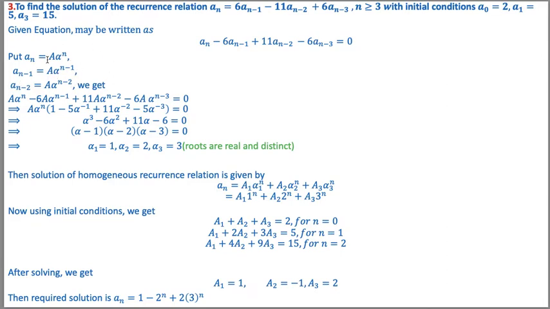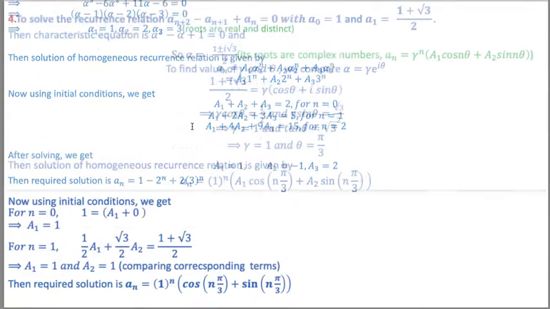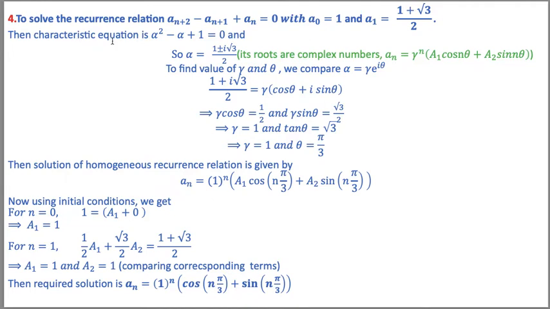This pattern is used in every term, and after substituting, we take a alpha n common, simplify it and then multiply by alpha 3. These steps are common in all the examples. Then we get this characteristic equation, alpha cube minus 6 alpha square plus 11 alpha minus 6 equal to 0. So here in this example, I have directly written the characteristic equation alpha square minus alpha plus 1.